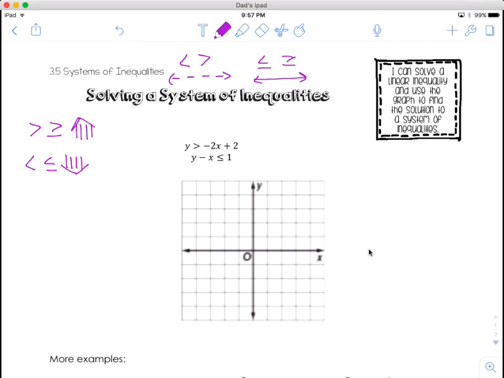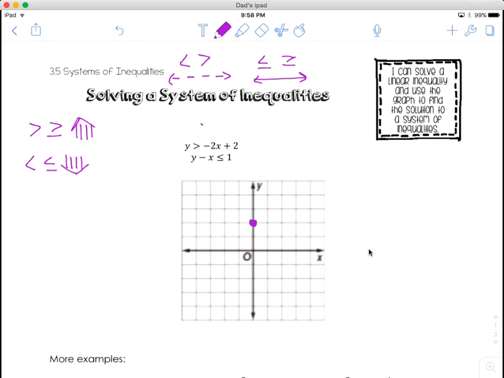So let's look at this first inequality that we're going to graph. We start the same way. We always start on the y-axis with a dot. And then we have a couple of things that we want to talk about. The first thing we want to talk about is the slope. And in this case, the slope goes downhill.